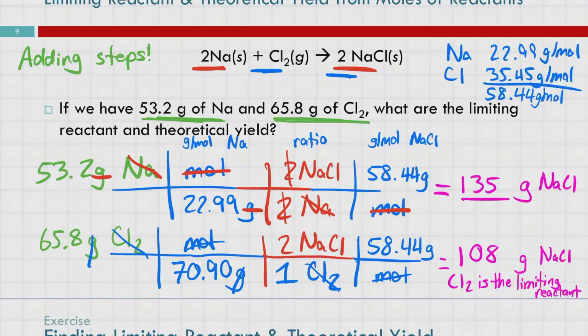What is our theoretical yield? 108 grams sodium chloride. Questions?